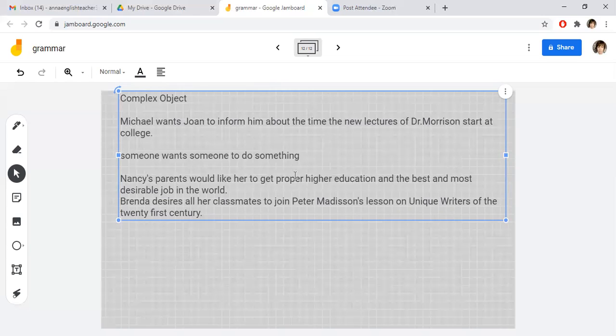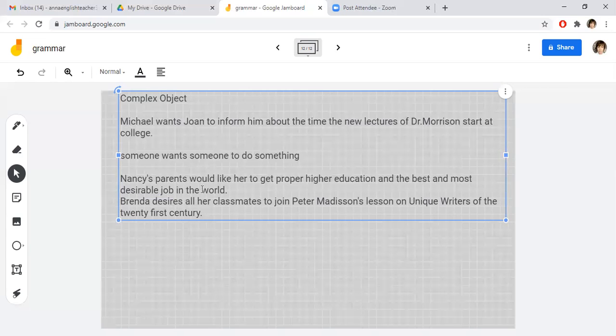Here we go. What's the formula here? Brenda, one person, desires, the word considered of desires, wishes, longing, then all her classmates.